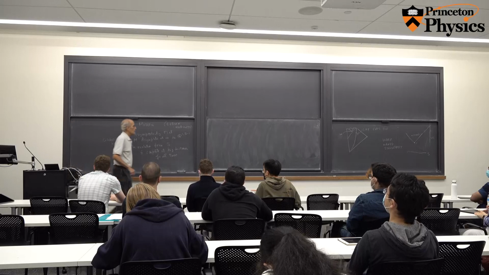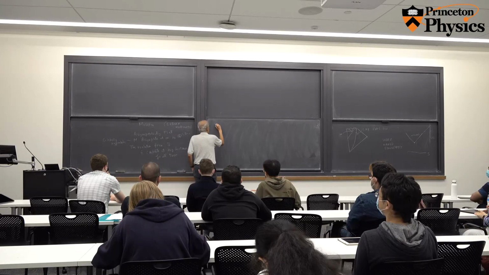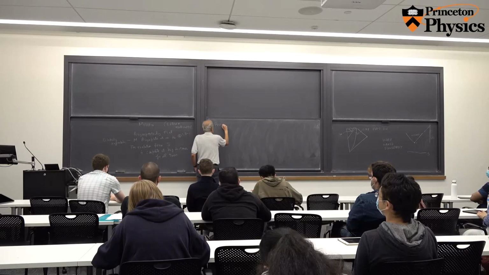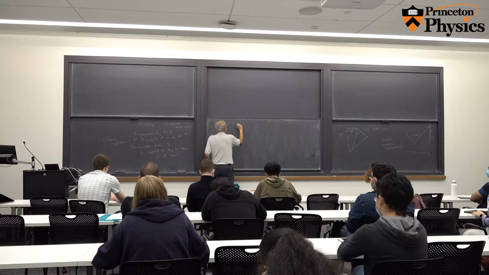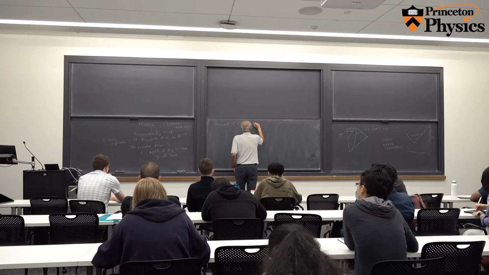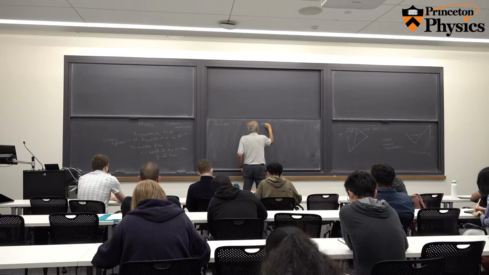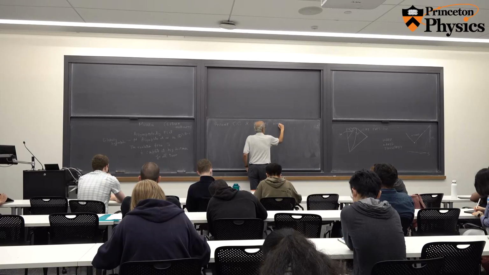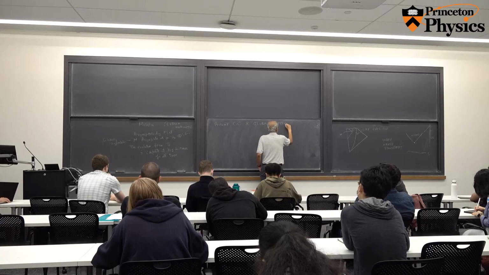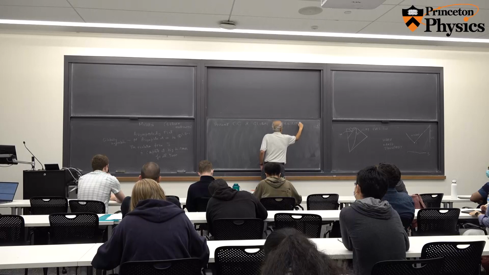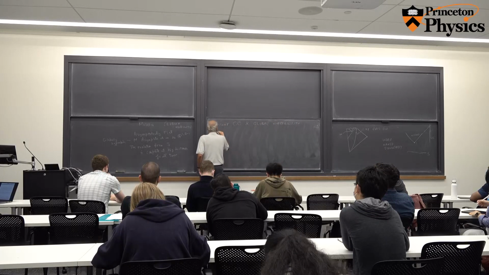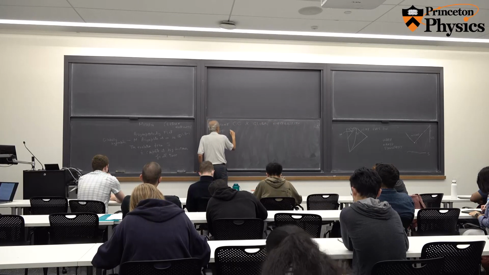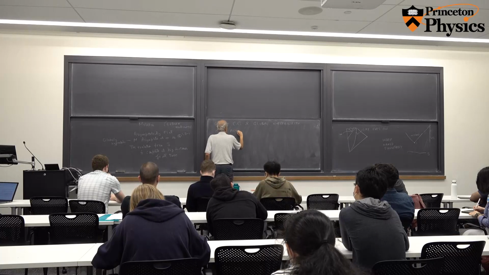So now we make two assumptions. We assume cosmic censorship and global hyperbolicity. Well, really, we make three assumptions. And we need an assumption about what's going on at infinity, which we'll take to be asymptotic flatness.